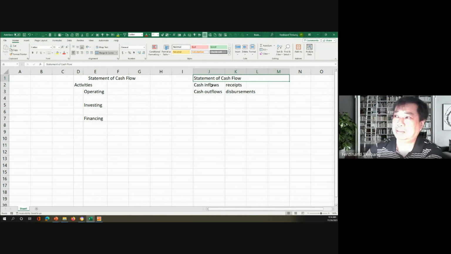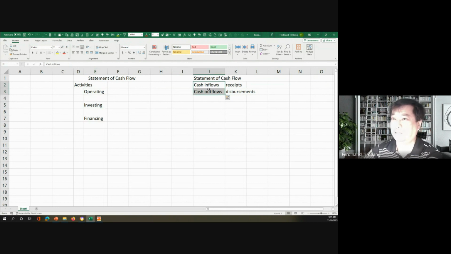Kaya ang tawag natin dito is statement of cash flow, and we're looking only at the cash inflows, which is the receipts, and cash outflows, disbursements, no? Under this statement of cash flow, they have three activities: operating, investing, and financing.